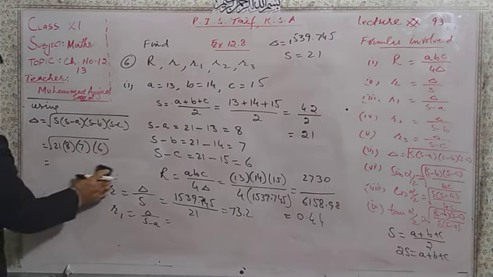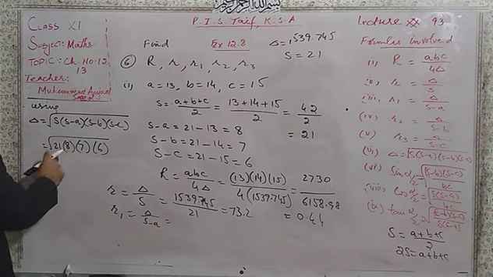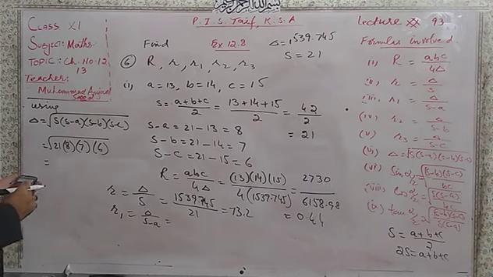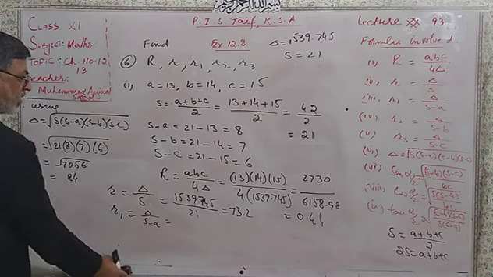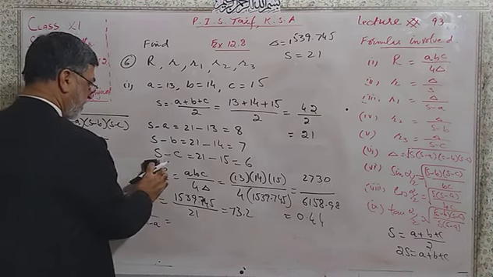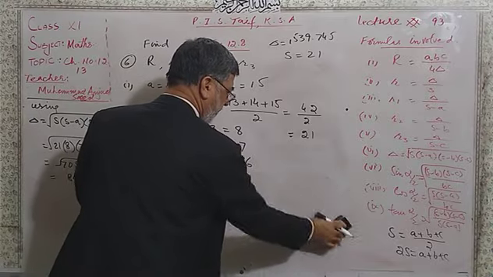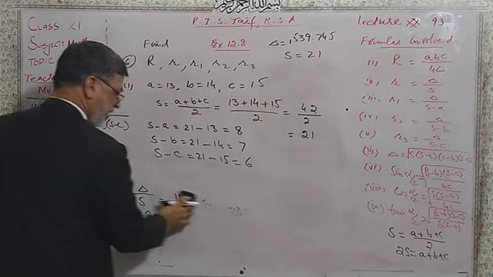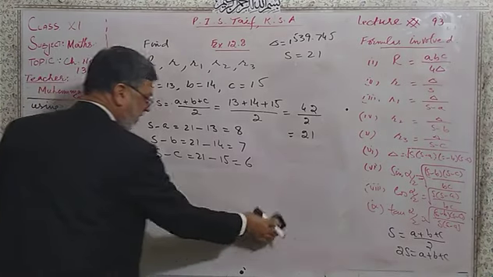Dear students, we have a mistake in the scale because of the calculator. It's not the proper calculator. So 7056 under root will be 84. That's why I was surprised to get a very small value of R. Definitely capital R will be greater than small r in all other values.